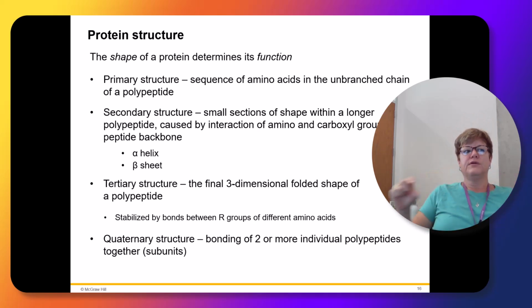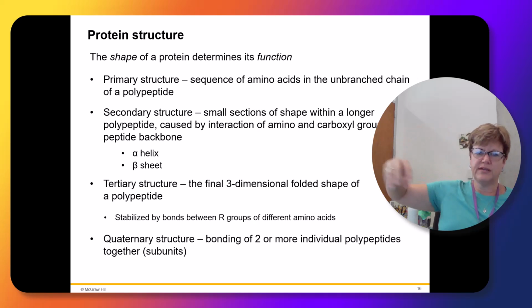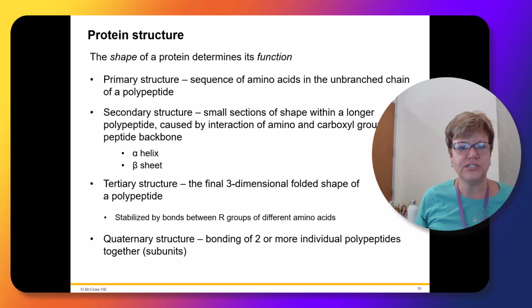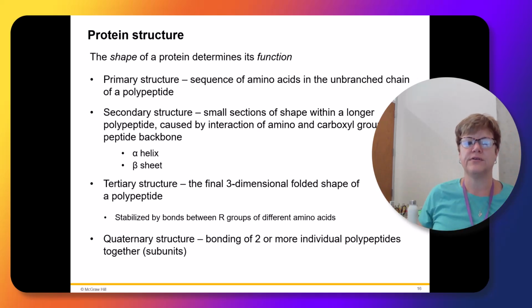But after those amino acids are joined together, some regions of the polypeptide will make a little spiral. That's called an alpha helix. Some parts of the protein will make a hairpin, a fold back and forth area. That's called a beta sheet. And ultimately, the whole polypeptide will fold together into a 3-dimensional shape.